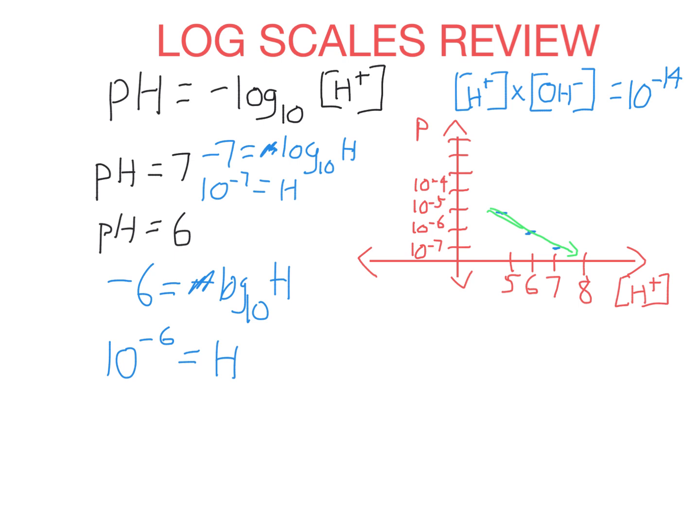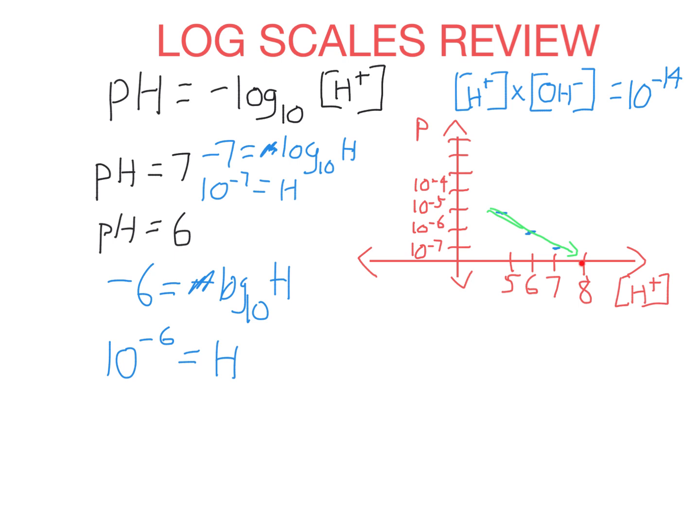It's being multiplied. So if we start with 10 to the -7, we times by 10, times by 10, times by 10. So what happens with pH is each time you decrease the pH by 1, you multiply the hydrogen concentration by 10. So if you were to decrease the pH by 2, say jump from 8 to 6, you've multiplied the hydrogen concentration by 10 squared or 100.